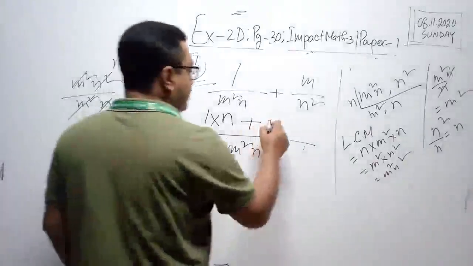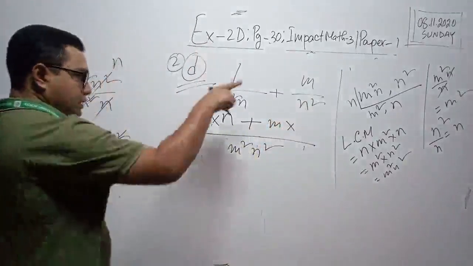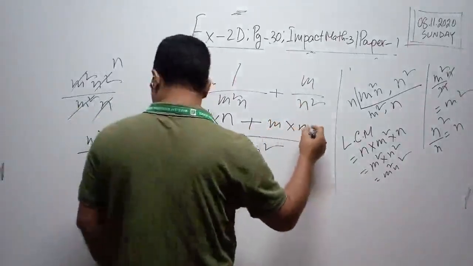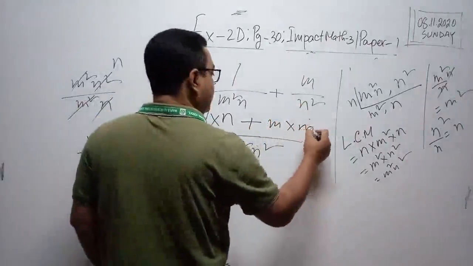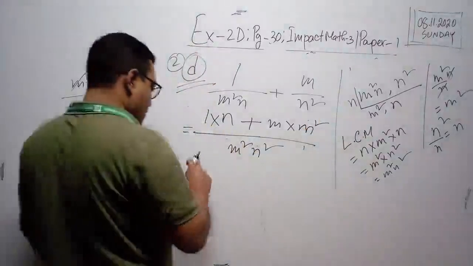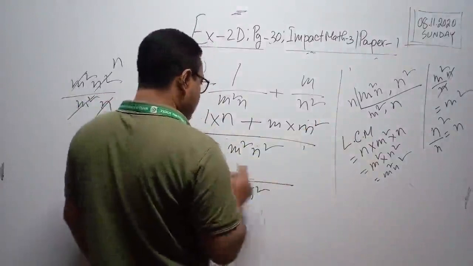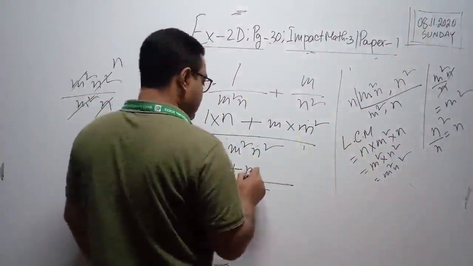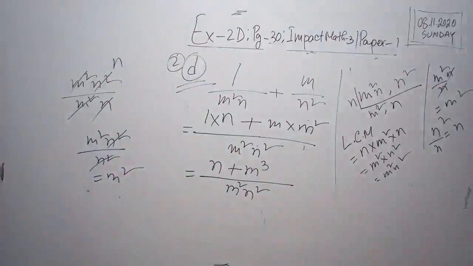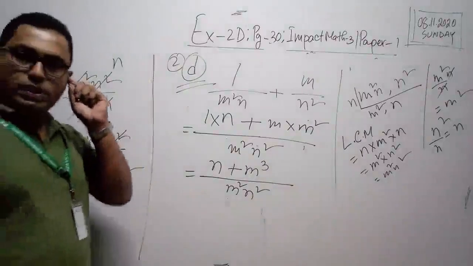Then that m square will be multiplied with the numerator of the second term, so here the numerator is m. Now simplify them: n plus m cubed. Clear?